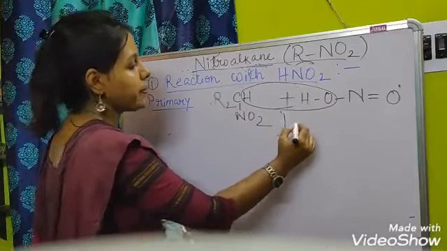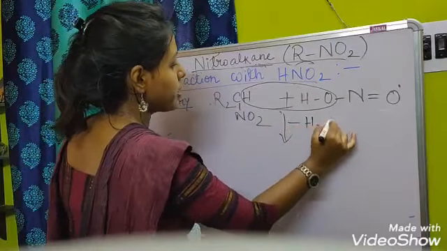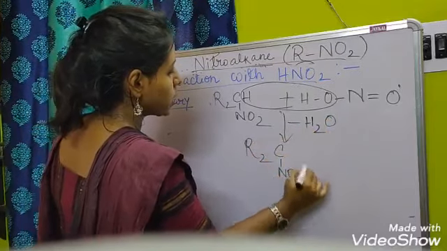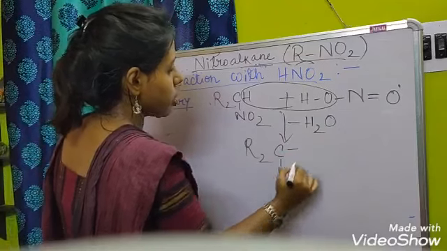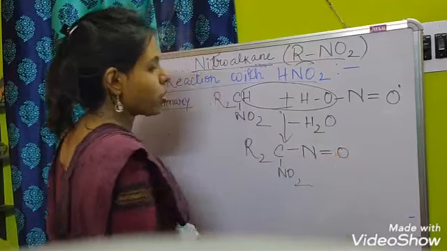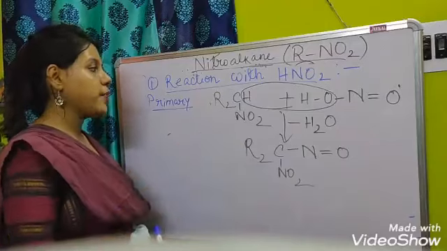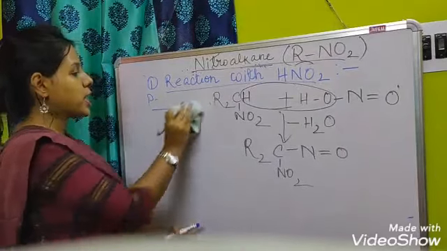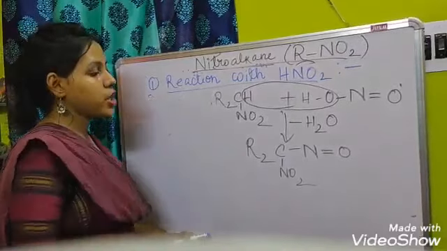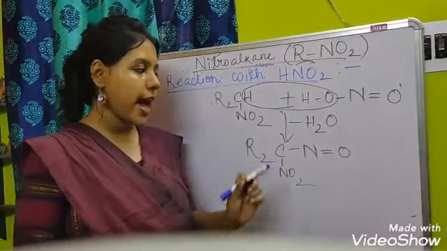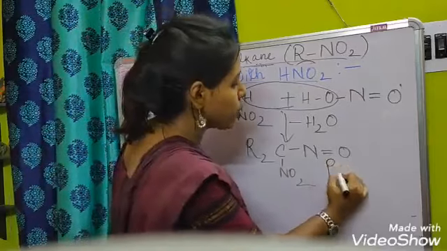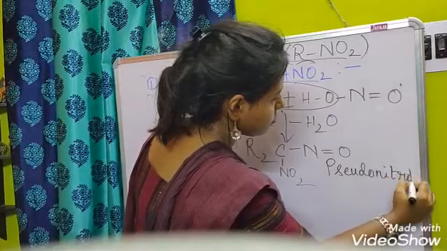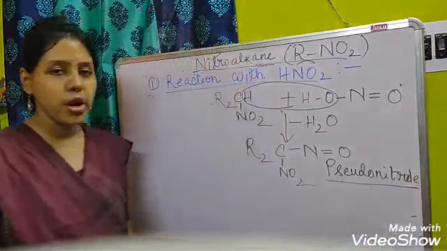So again there will be removal of water, forming R2CNO2, single bond N, double bond oxygen. So initially for primary nitroalkane, the compound formed was known as nitrolic acid, and this is known as pseudonitrole.